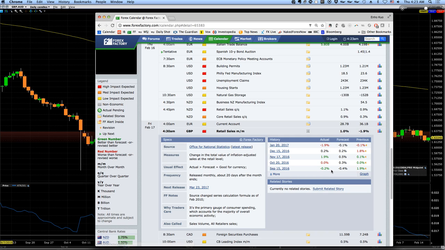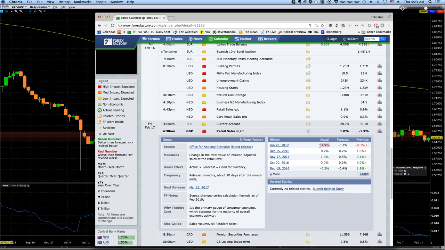Last year, you had minus 0.2, and even 1.9 in November. This was a nice surprise for people to know that, wow, the UK had held up pretty well after Brexit. And then you had a little bit of a drop in December, and the big blow really came in January, when you actually had a large drop from the previous or even from the forecast.